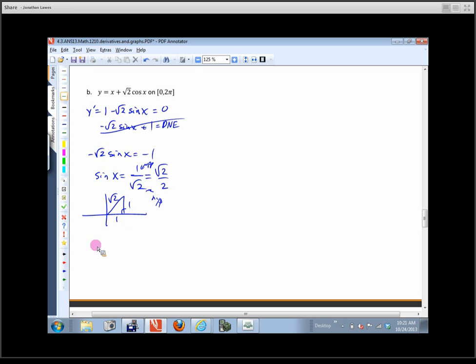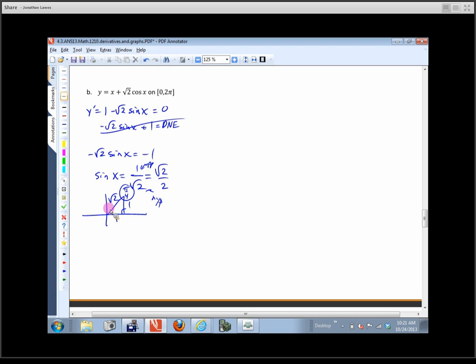This is a 45, 45, 90, but remember, we're working in radians. So this answer right here is going to be pi fourths. If you took the sine inverse of both sides, of radical 2 over 2 or 1 over radical 2, your calculator would tell you 45 degrees, or some ugly decimal if you were in radians. Question?